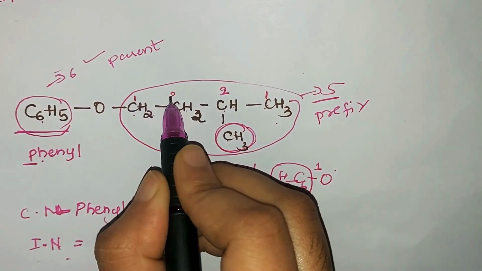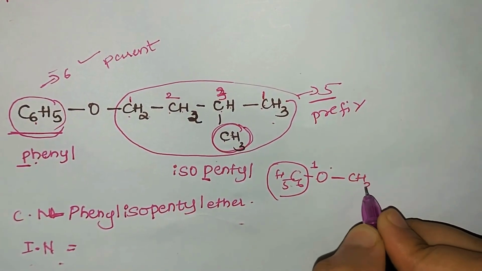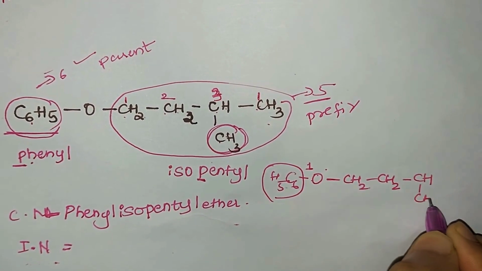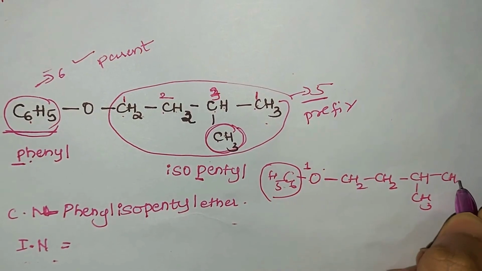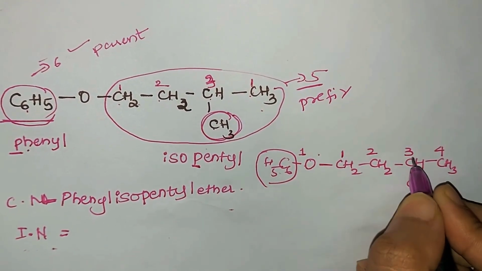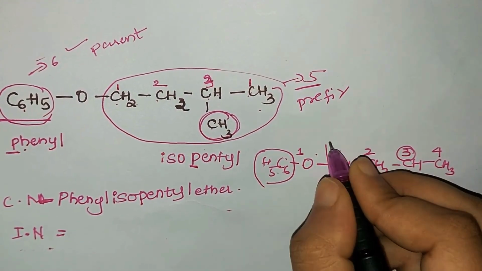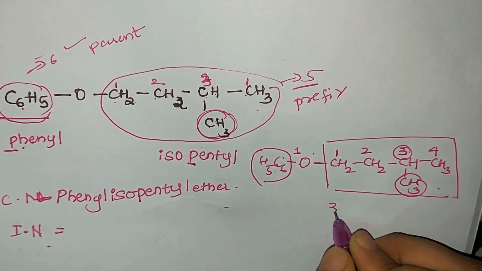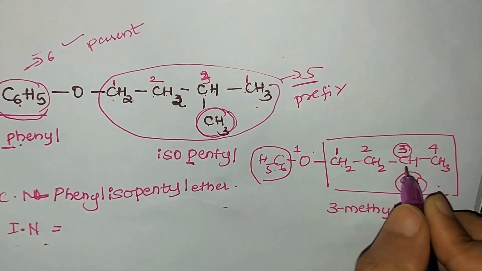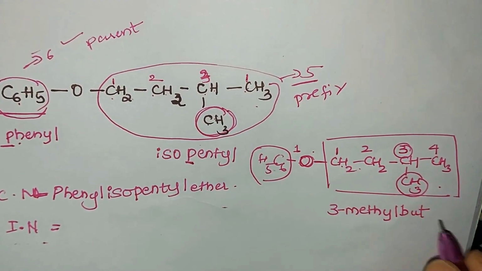So 1, 2, 3, 4. While numbering it as 1, 2, 3, 4, on the third carbon atom of the straight chain you are having a methyl group. So what will be the name of it? Since on the third carbon atom you are having a methyl group, the name of that substituent will be 3-methyl, and totally there are 4 carbon atoms. Thus the word root is but, and it is bonded to oxygen, so it becomes oxy.